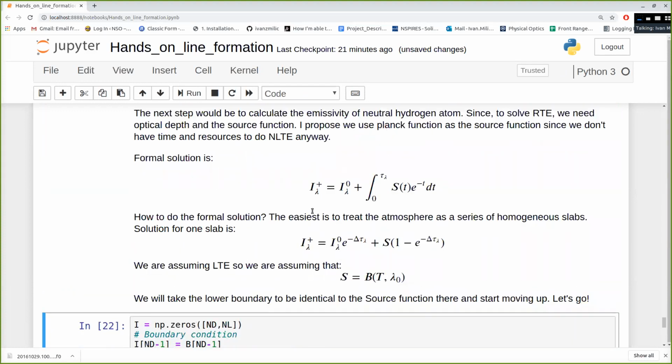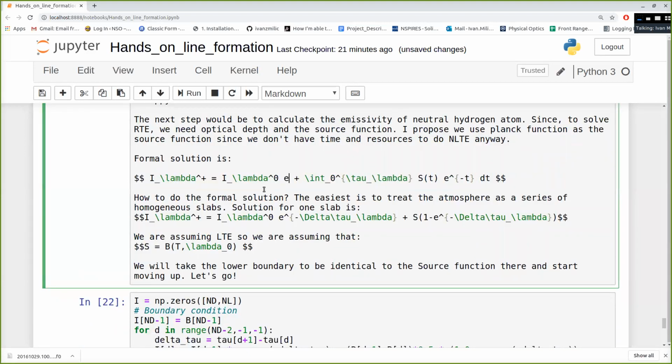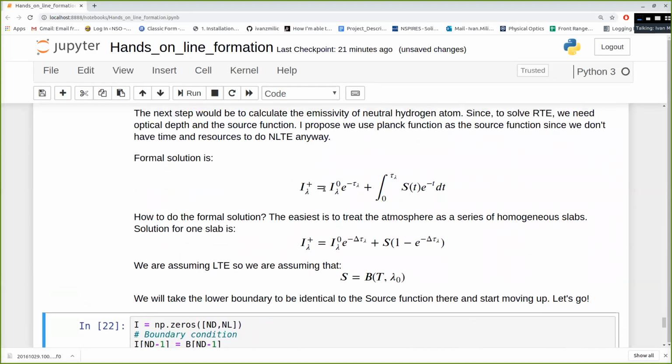Okay, I had an error. So we know that the outgoing intensity is, and I'm missing one term here. Okay, so we know that the outgoing intensity is equal to the incoming intensity at the bottom of the atmosphere times e to the minus total optical depth plus this integral here. And that should give us the result.